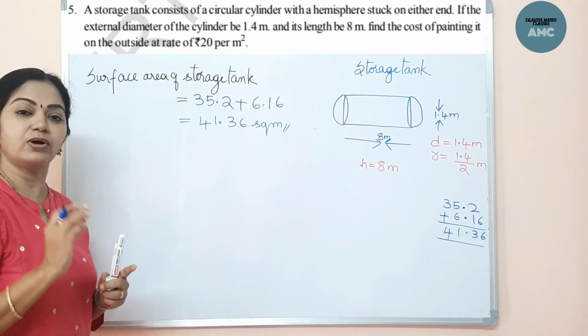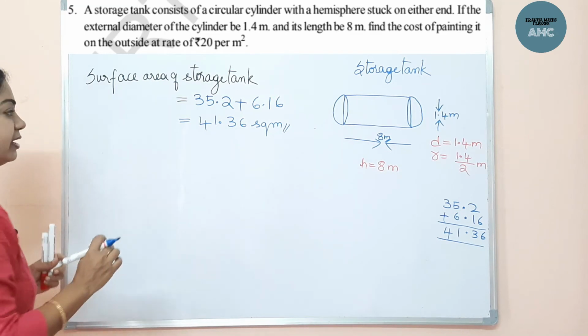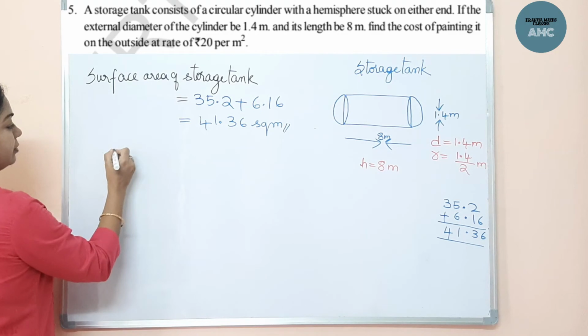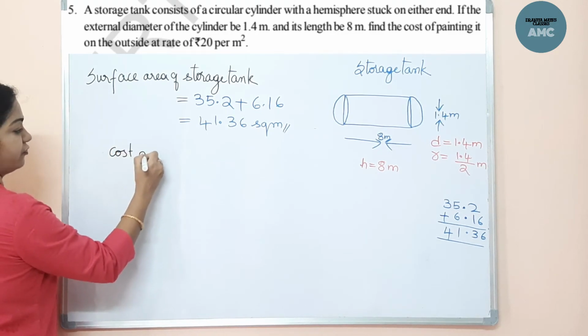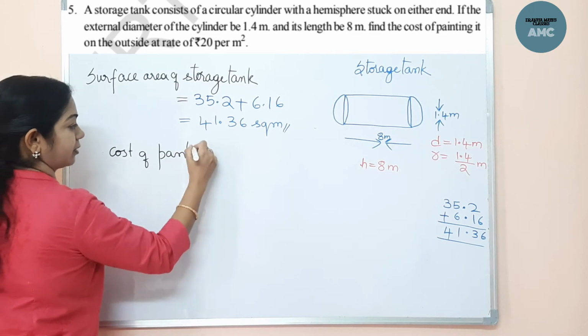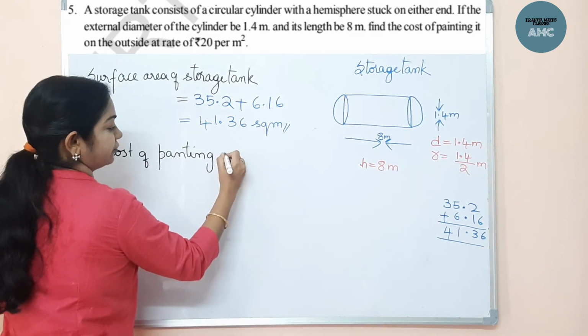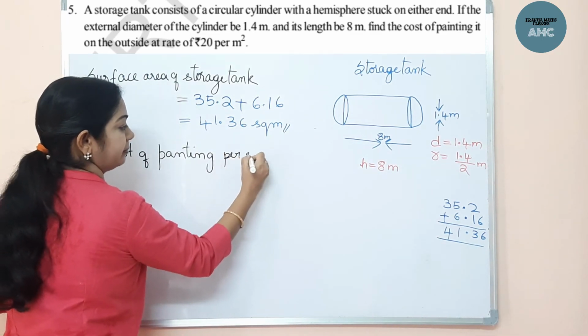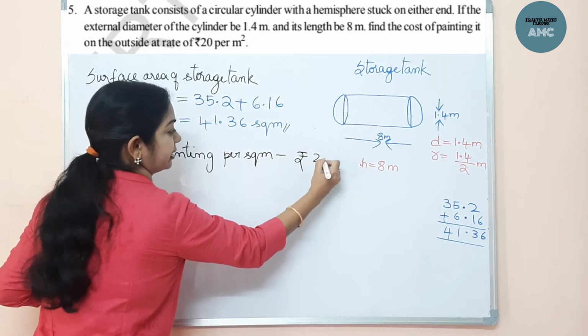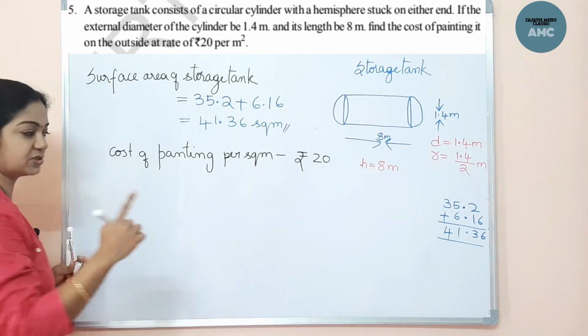Now, the cost of painting the storage tank. We have to find the cost here. The cost of painting per square meter is given as rupees 20, 20 rupees per square meter.